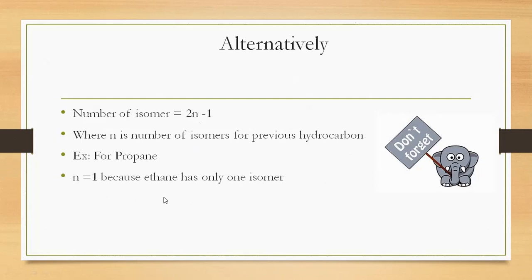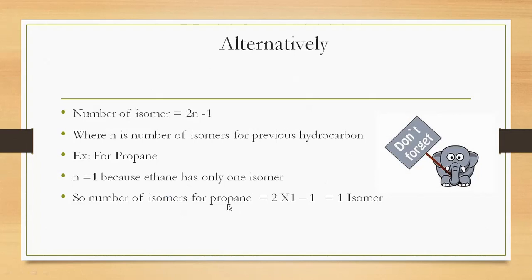So 2 into 1 minus 1 is 1 isomer, which is true also. You know that for propane only one isomer is possible, and this formula also tells that only one isomer is possible, which means my formula is correct.